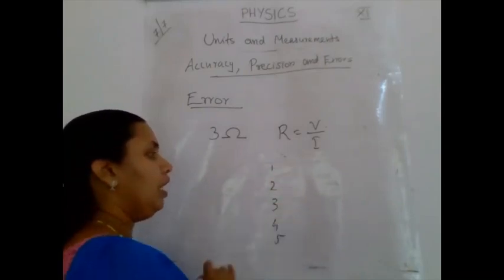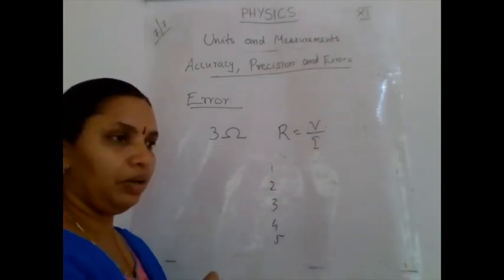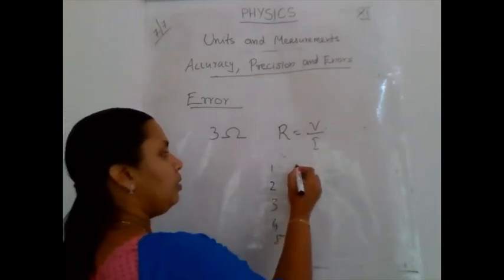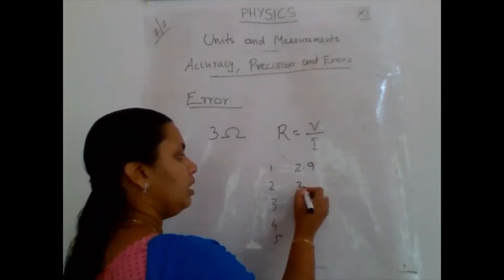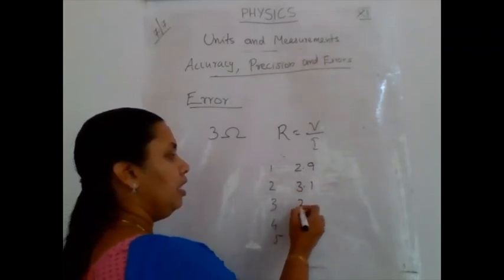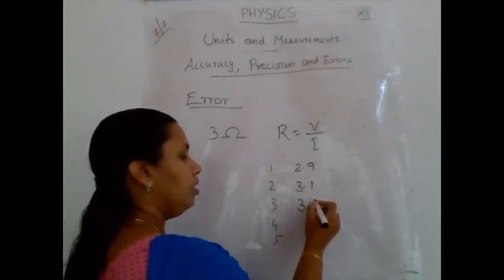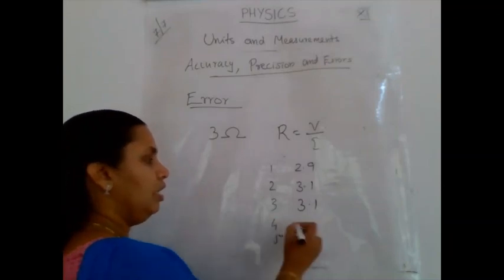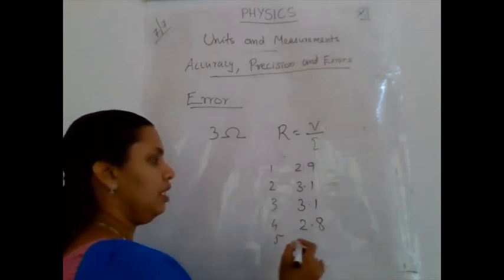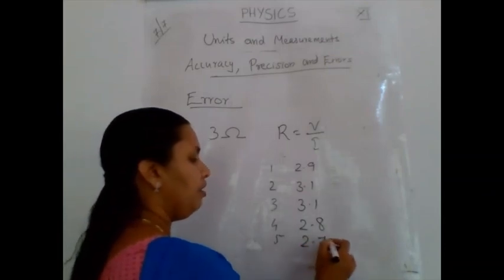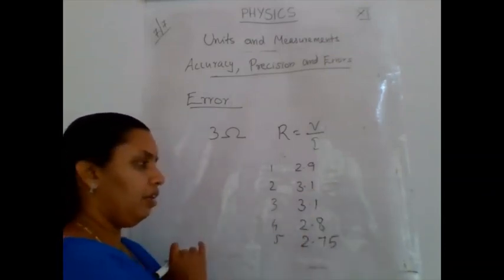In each case you are finding R, and the first one you get is 2.9. Then the next is 3.1. Then 3.1 you got. Then 2.8 is the next value of resistance, and 2.75 is the fifth value of resistance.